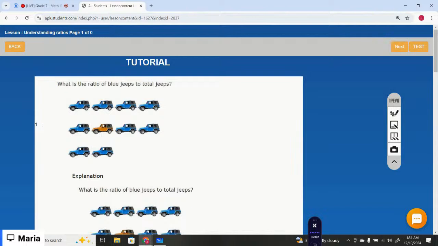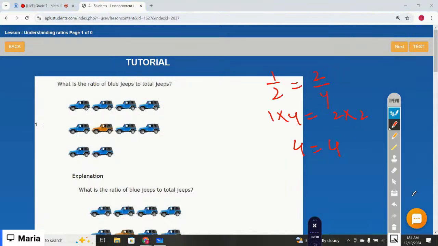What is the ratio of the blue jeeps to total jeeps? So you need to count the blue jeeps to total jeeps. You have 9 blue jeeps to 10 total jeeps, right?